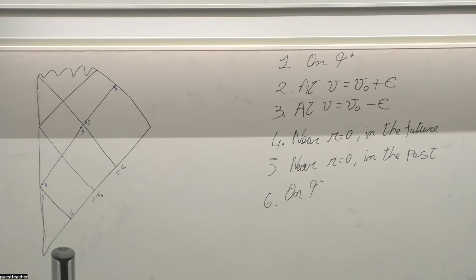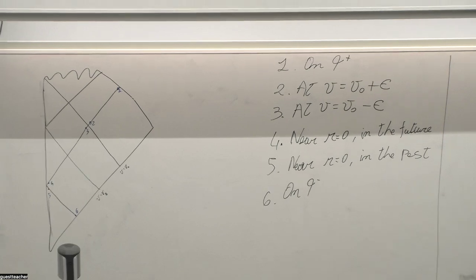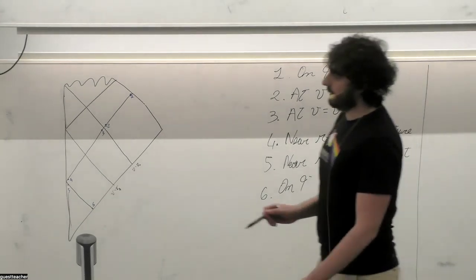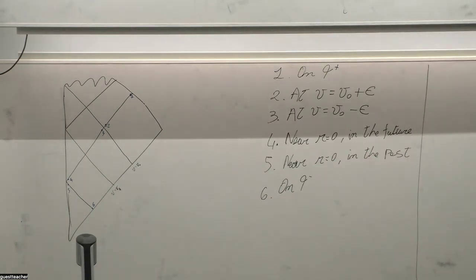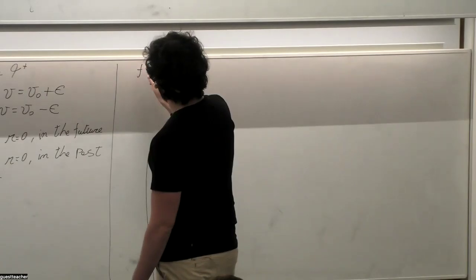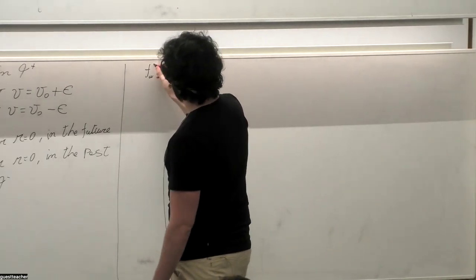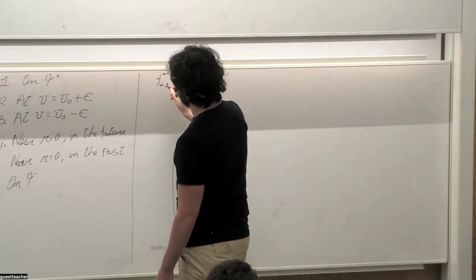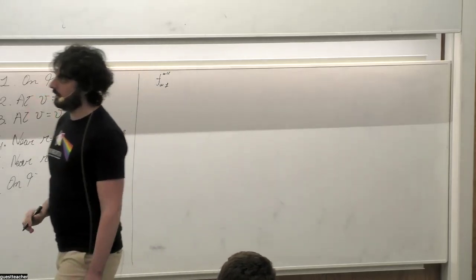Okay, so I will also add an index, to make it clear that you have 1, 2, 3, 4 points, but I will get rid of it once we finish. So F omega out 1, on scri plus.